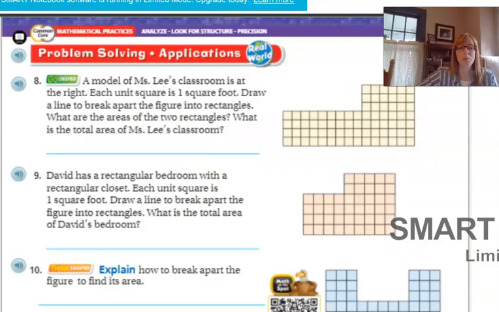All right, let's move on to our next one, the problem solving. Okay, so a model of Miss Lee's classroom is at the right. Each unit square is 1 square foot. Draw a line to break apart the figure into rectangles. What is the area of the 2 rectangles and what is the total area of Mrs. Lee's classroom?